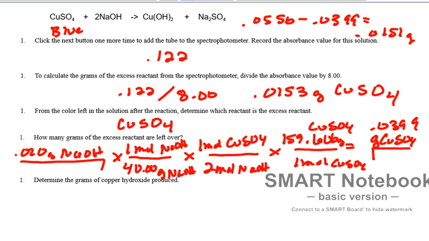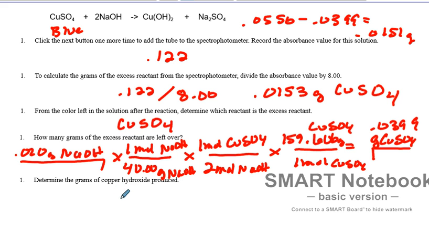Now comparing that with what we measured, 0.0153, we're calculating 0.0151. That's pretty close. So that's showing pretty good correlation between what we did in the lab. Of course, it's a simulated lab. We can do a better job with simulated labs.